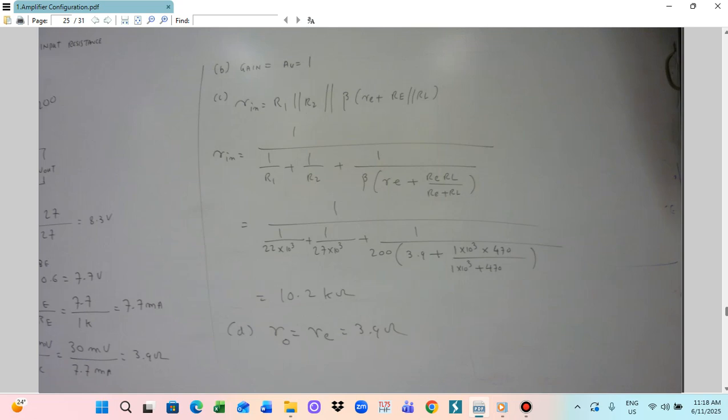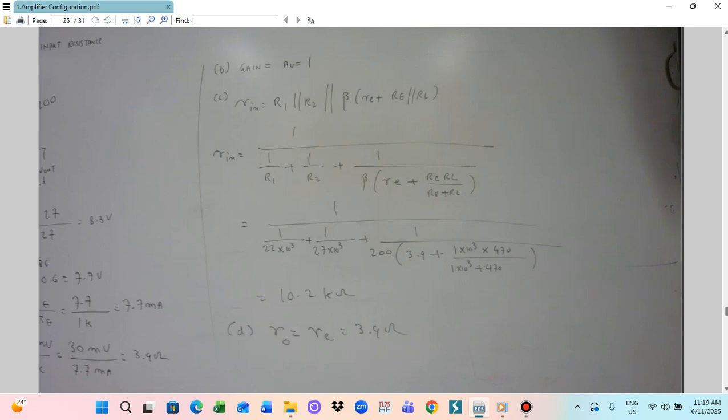1 divided by (1 by R1, R1 is 22K, 22 into 10 power 3, plus 1 by R2, 27K, 27 into 10 power 3, plus 1 divided by beta. The beta value is already given in this problem, beta is 200. So we substitute 1 by 200 times small re, which we already calculated as 3.9, plus Re into RL.